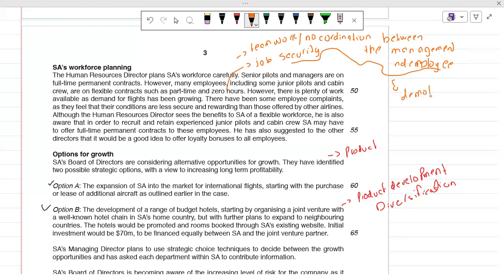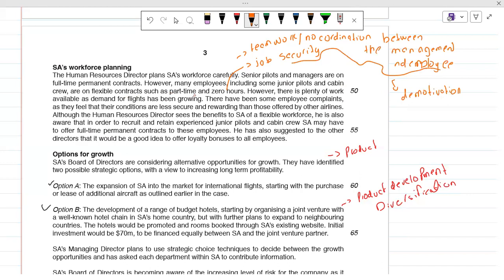But there is also an advantage, and this is cost-wise, because whenever a company announces any flexible contract, it means that they can cut their cost.